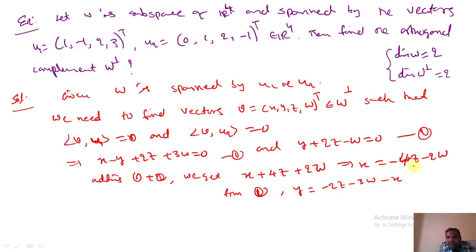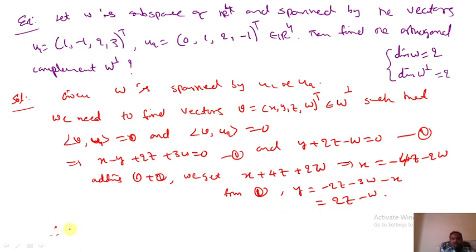Now substitute the x value. When you substitute x, minus 4z plus 4z minus 2z is z, minus 3w plus 2w is minus w. So now we have x and y, and z and w are free variables.